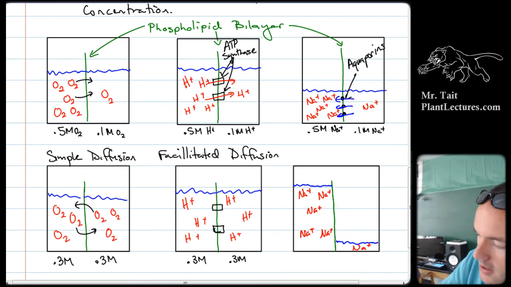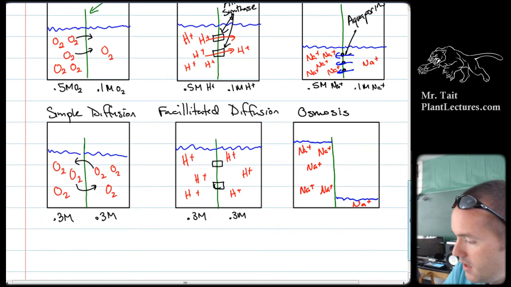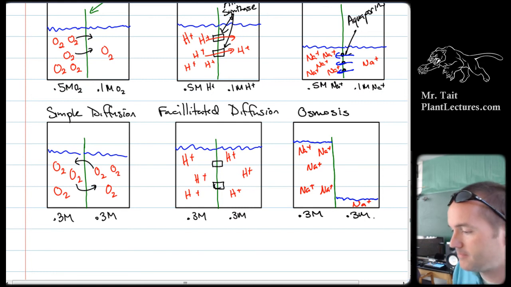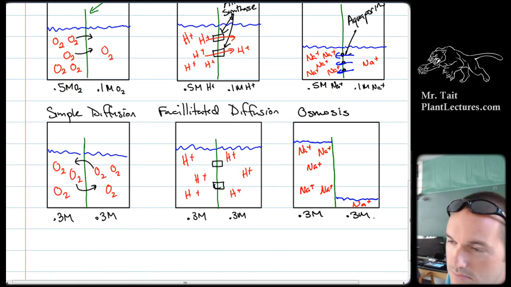And this process is called osmosis. And then we would say there's an equal concentration of 0.3 molar and 0.3 molar or something like that. Make sense so far?